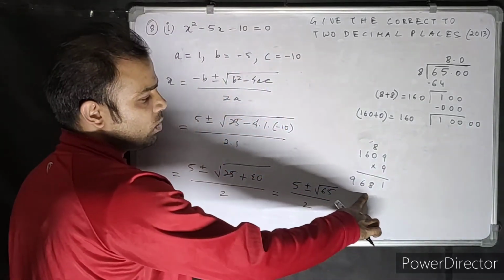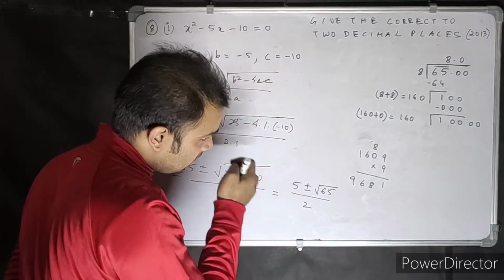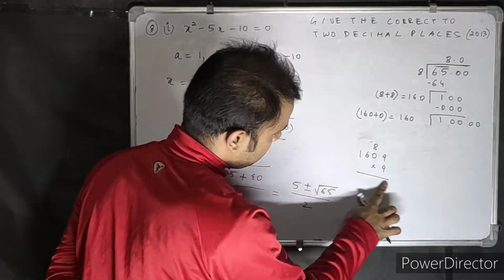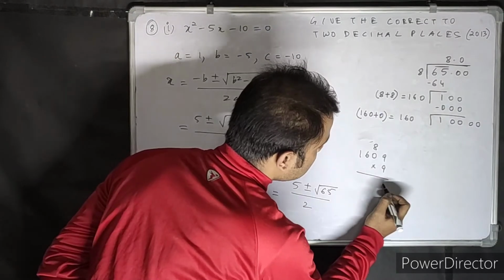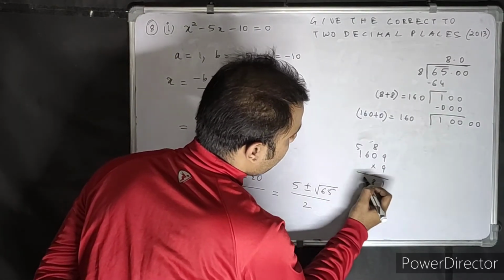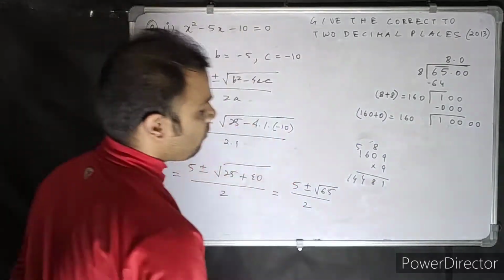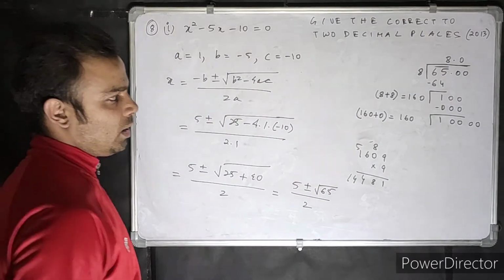This 8 came down. 9 6s are 54. 9 ones are 9, 10, 11, 12, 13, 14.